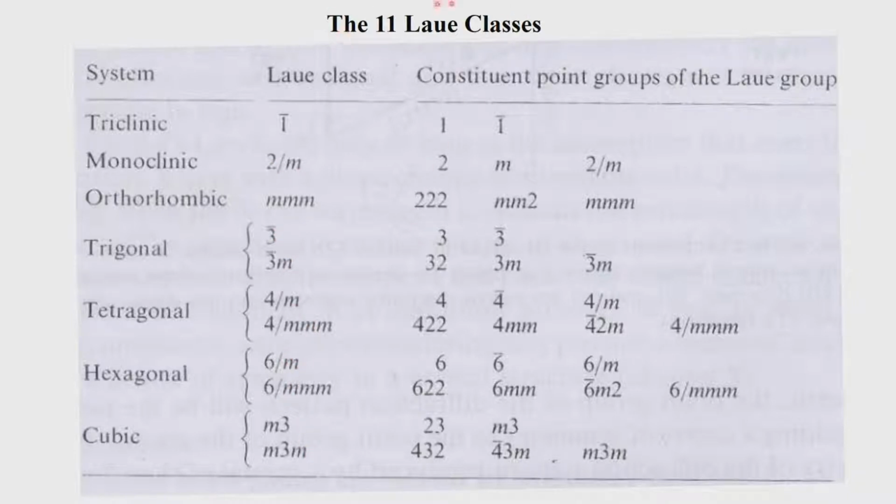These are the 11 Laue classes. So, for a diffraction experiment, there are only 11 point group symmetries. And so, how do we now find out the realistic point groups? The determination of the realistic point groups will come in later, but in a diffraction experiment, you will get only the Laue symmetry.